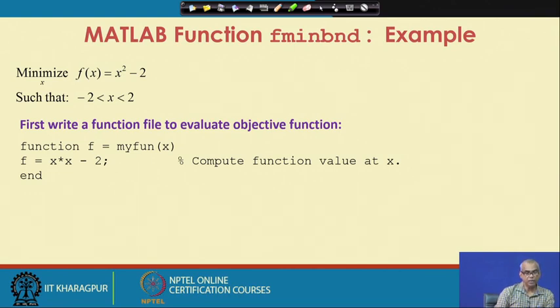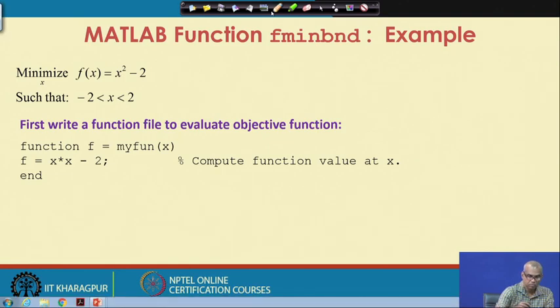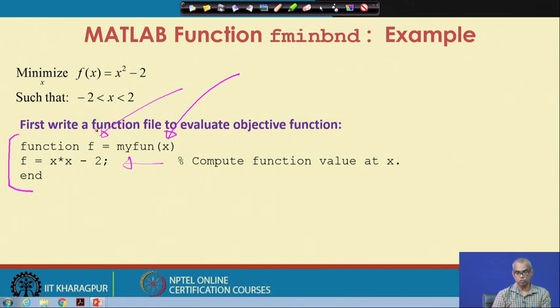You have to follow the rule of writing a function, and this is how you write the function file. function f equal to myFun(x). So, the name of the function is myFun. Within this function I define the objective function f equal to x square minus 2. So, this function receives x as input and sends f, which is the objective function value, as output.